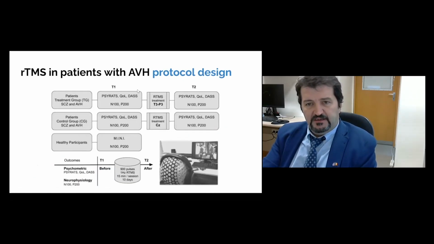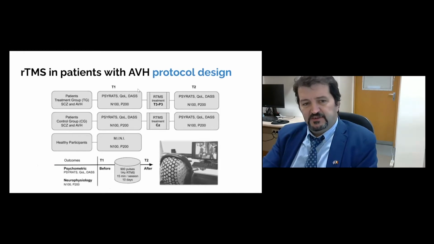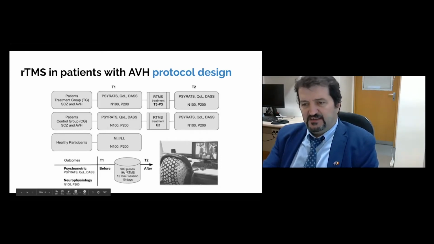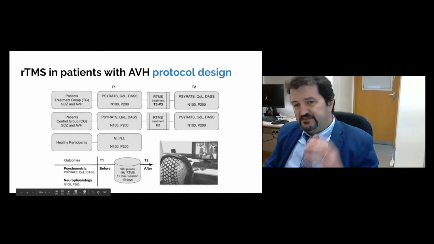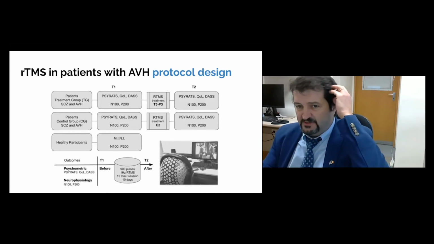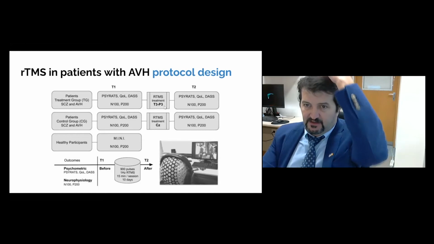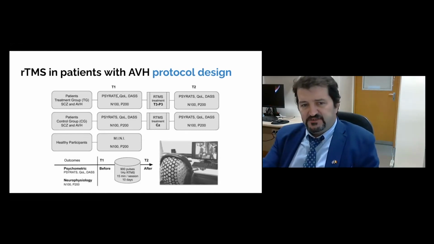So in our protocol design, we were using 10 days of TMS sessions, transcranial magnetic stimulation, as I said, over the left temporal parietal region, and we wanted to compare with the vertex treatment region. And then we measured the brain activity with clinical outcomes, like was done until now, and with some electrophysiological parameters before and after the treatment.